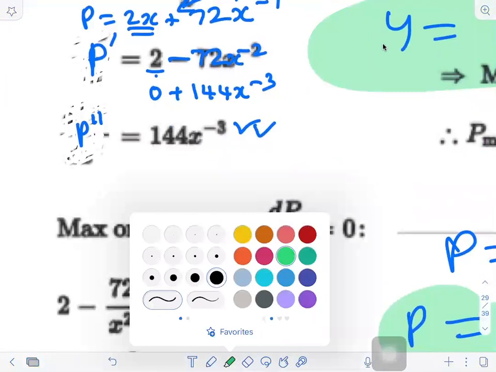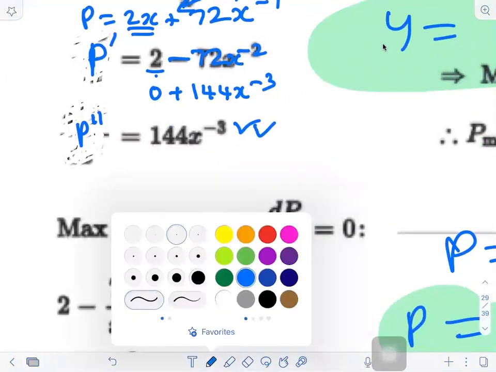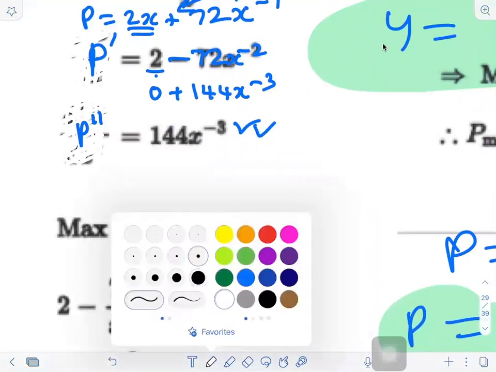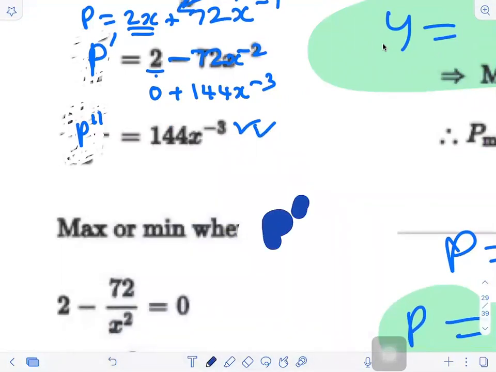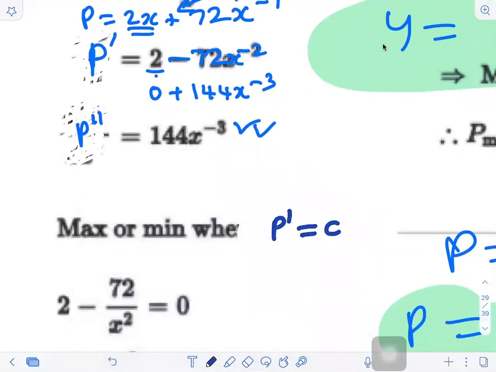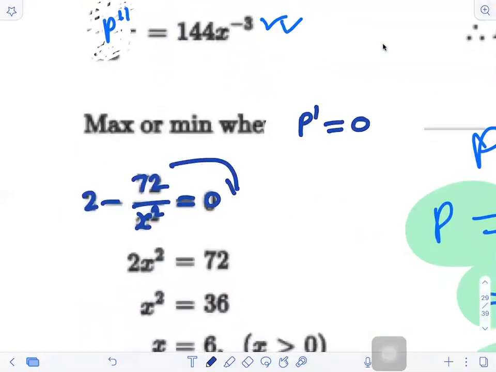Okay, so in order for a maximum or a minimum, what do we have here? P dash has to equal 0. So that's 2 minus 72 on x squared equals 0. So when you solve that, bring that over there.